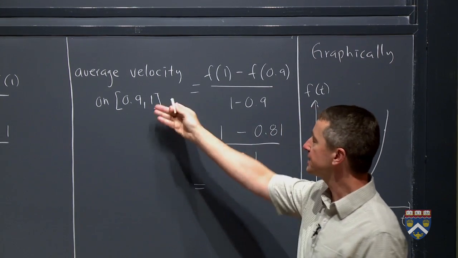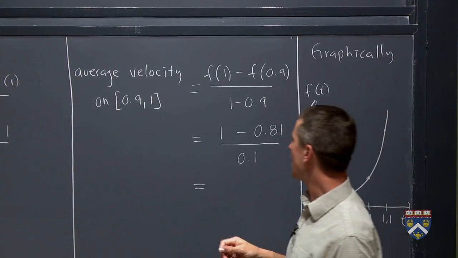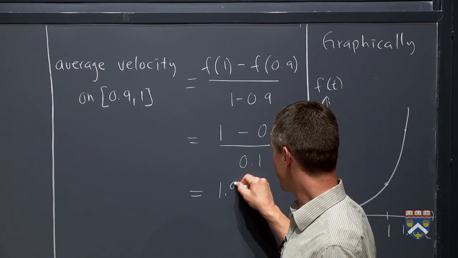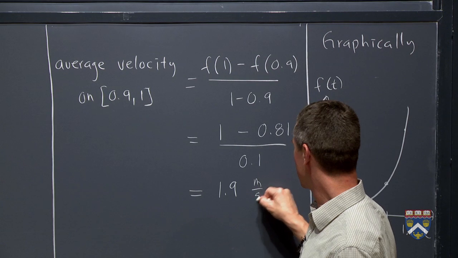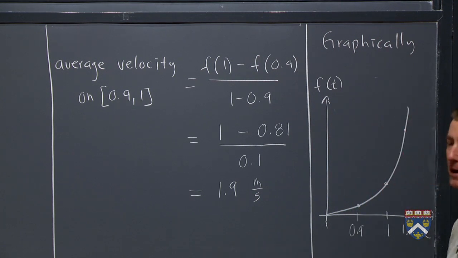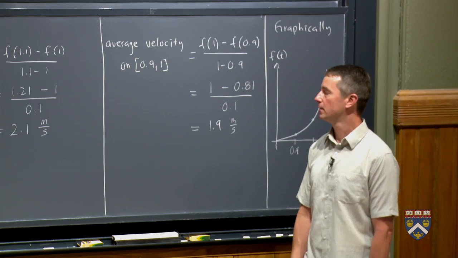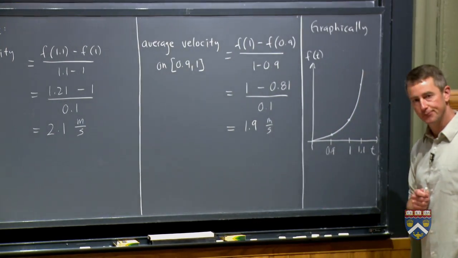So during this 1/10 of a second, the hummingbird rose 0.19 meters, and 0.19 over 0.1 is 1.9 meters per second. So now we have two estimates for how fast the bird was traveling at time 1: 2.1 meters per second and 1.9 meters per second.